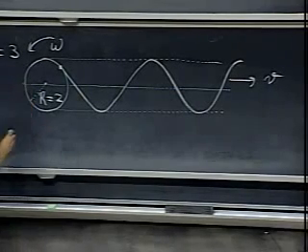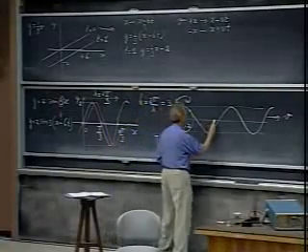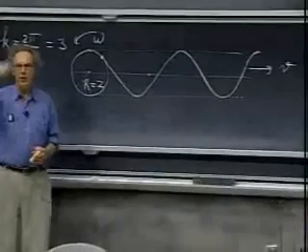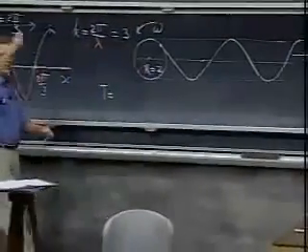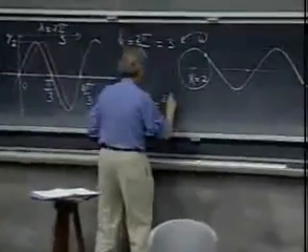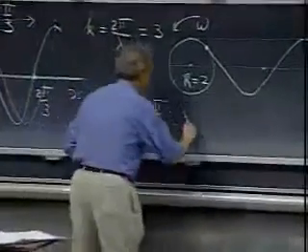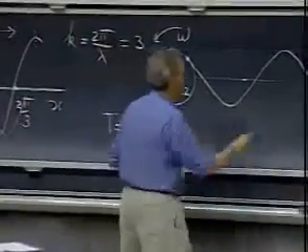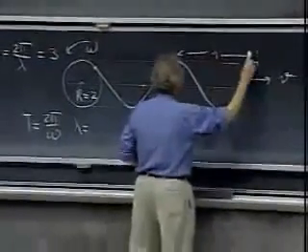The period of one oscillation: if you are here on the string, you're going up, you're going down, you're going up, you're going down. That's all you're doing when the wave passes by. The period of one whole oscillation is obviously 2 pi divided by this omega. The wavelength lambda that you are creating, from here to here, is lambda.